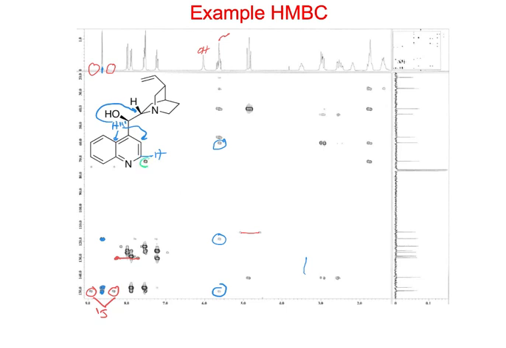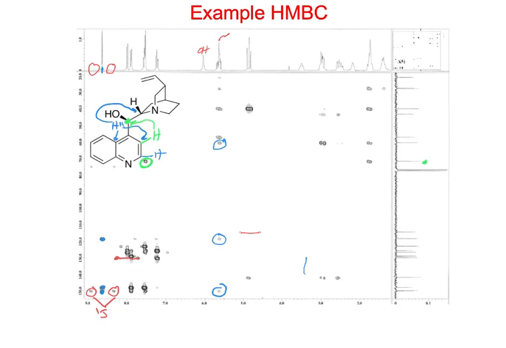So I think this one is probably going from here to here, because this carbon right here, I think, is the one that has the oxygen on it, because it's the most upfield of all the non-sp2 hybridized ones.